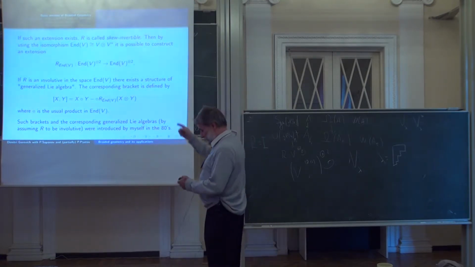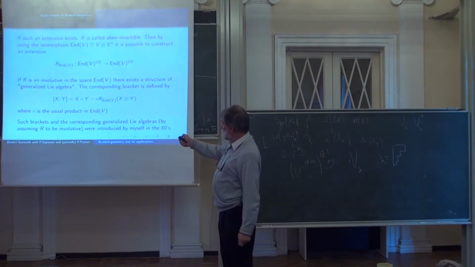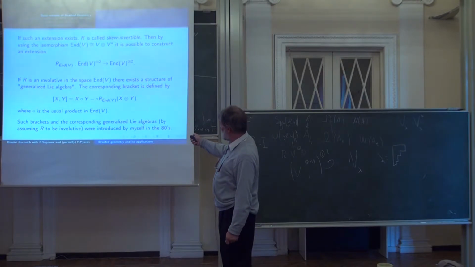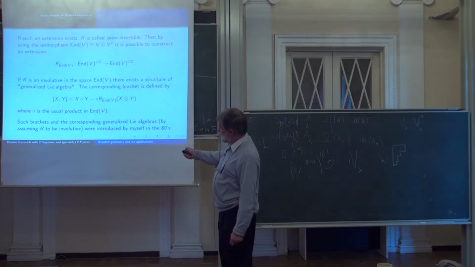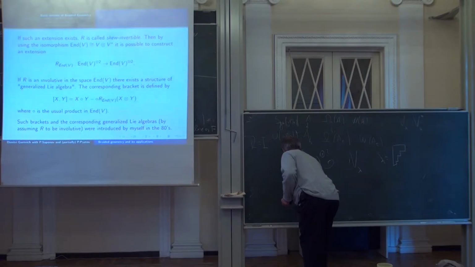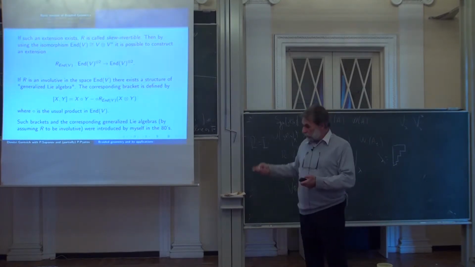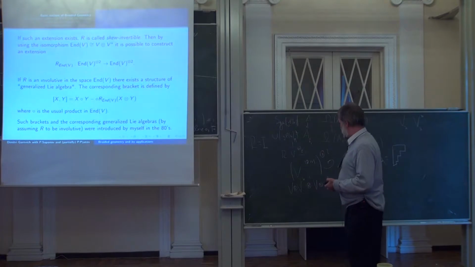Because if we have this situation, we can consider endomorphisms of the space V. It is nothing but the tensor product of V and V star. And we can extend the initial R to endomorphisms. So an endomorphism is nothing but V tensor V star. We should transpose with V star, and it's possible because we have a skew invertible situation.